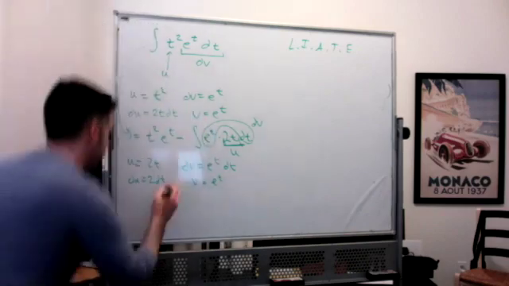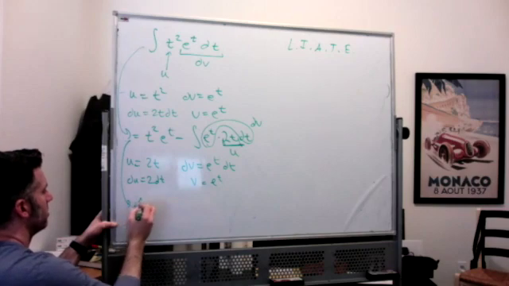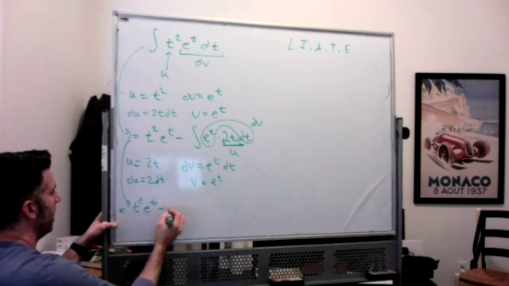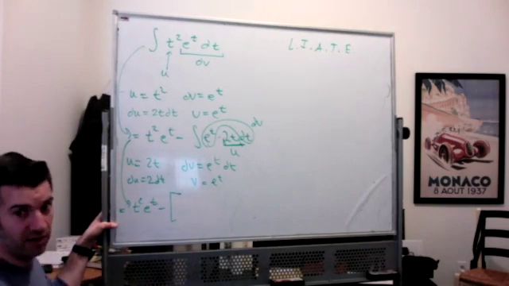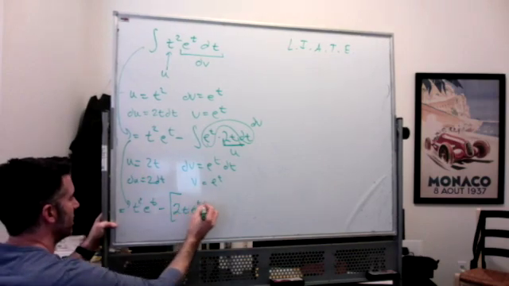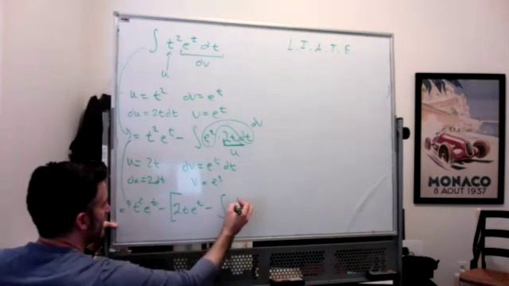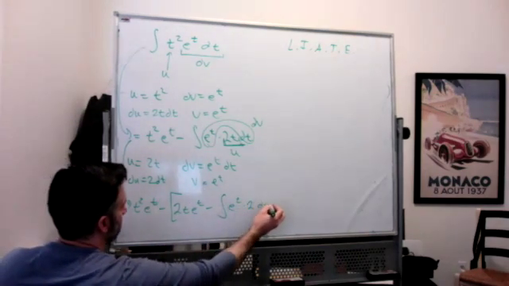So rewriting this, I've still got the t squared e to the t minus the ultraviolet super voodoo. So u times v, so 2t e to the t minus the integral of v du, which is e to the t times 2 dt.